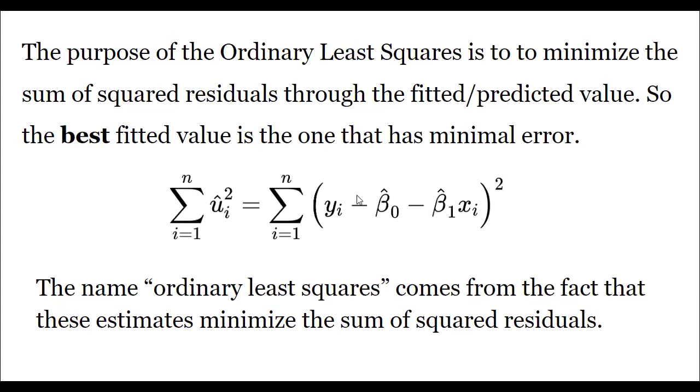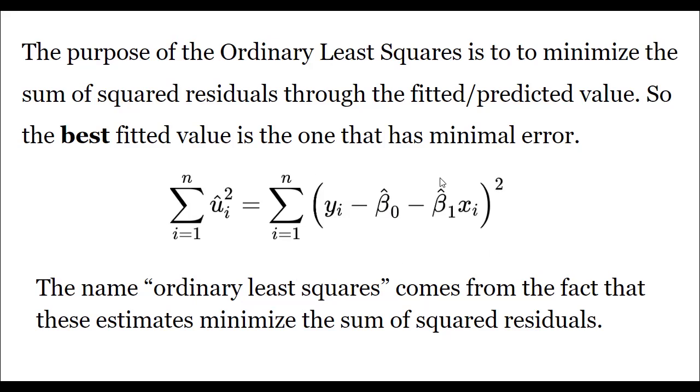So we are basically looking to minimize this value right here. So that is summation of ui hat whole square, and so we are trying to minimize (yi minus beta naught hat minus beta 1 hat xi) whole square. So if we minimize this value, we will get the best fitted value there is.